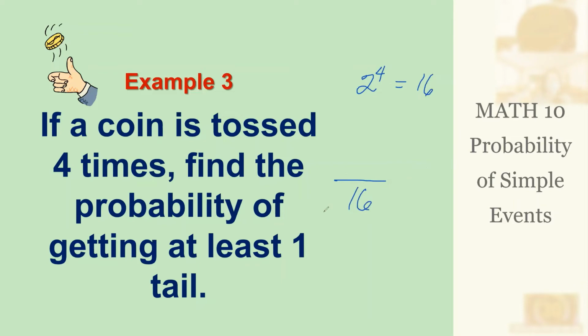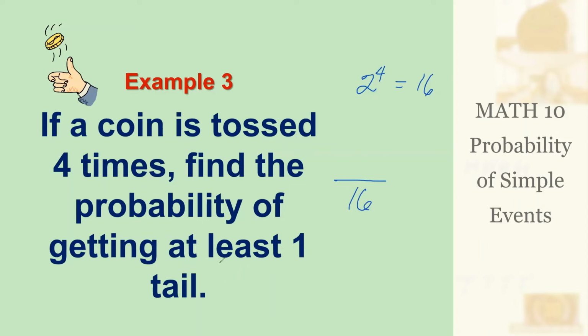Now you just have to think about getting at least 1 tail. Just remember, if you have all 16, you don't need to write them all out. Just use common sense, or just use your imagination. So there will be 16, with 4 tosses each, and at the end, all tails. Then the question is, at least 1 tail.